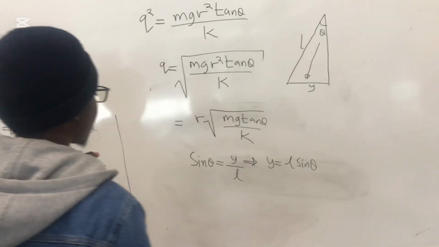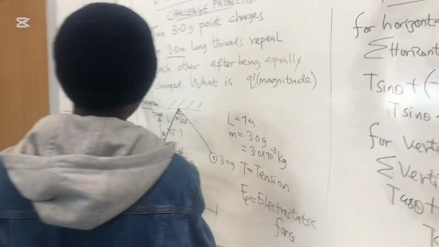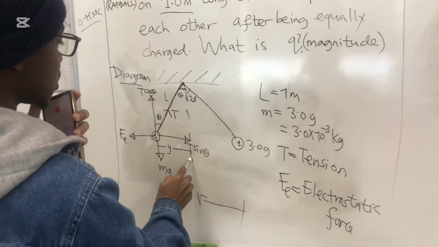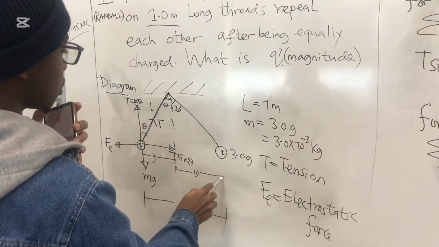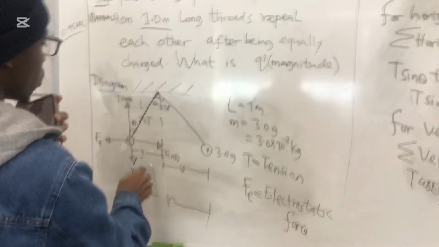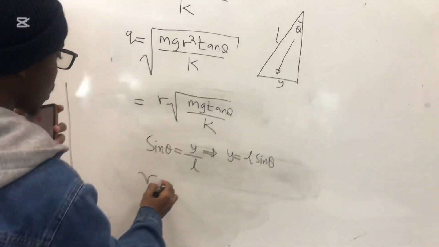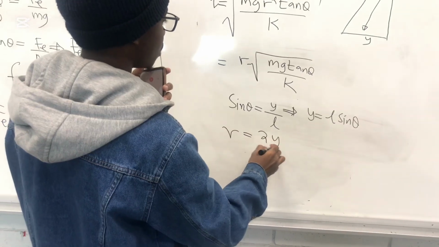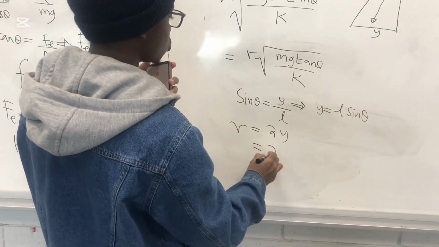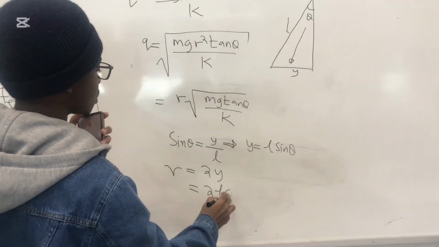But R is from here to here. So this is y, this is also y. So R is equal to y plus y, or 2y. But y is that one. So R is equal to 2L sine of angle theta.